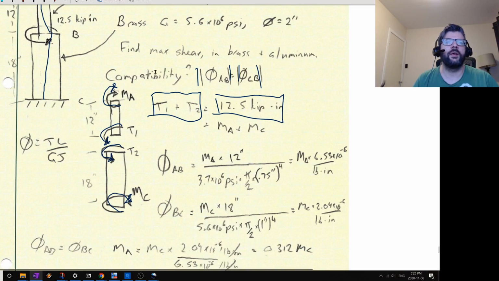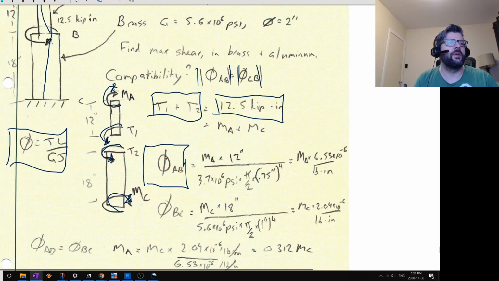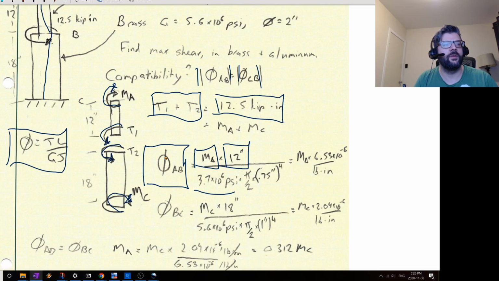But we know that our twist can be calculated, and we know that those need to be the same. So our twist for AB, that's the aluminum portion, is just going to be the reaction at A times our 12 inches divided by our G for the aluminum, and our J, which is 1 over 2 times the radius to the fourth, so 0.75 inches.